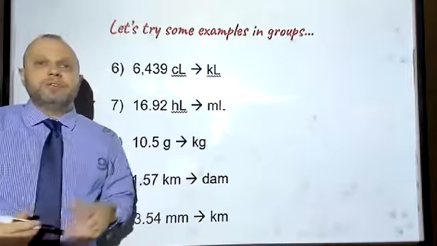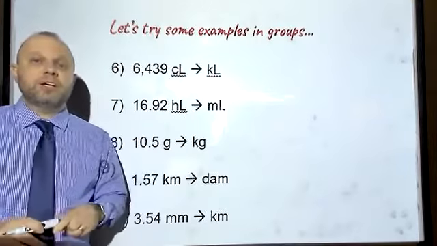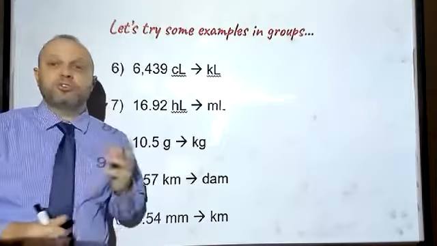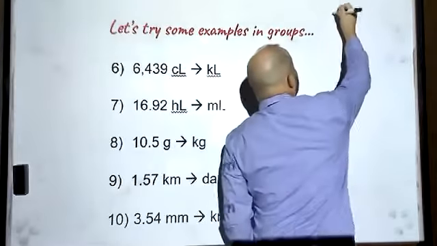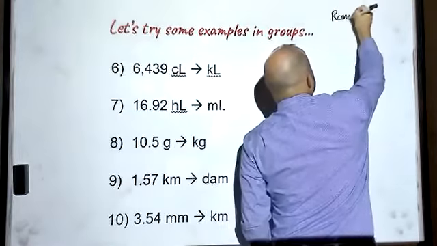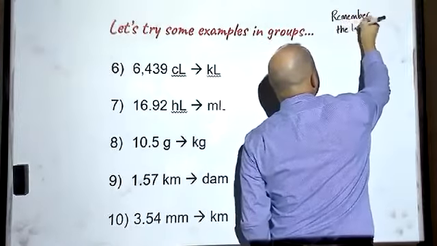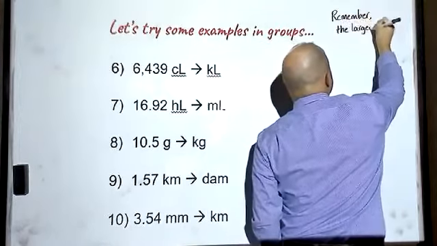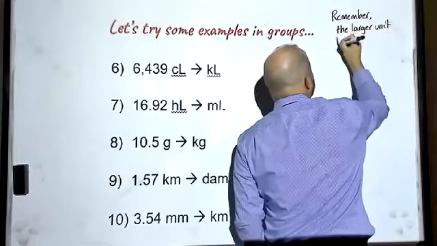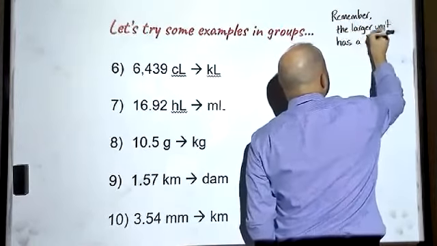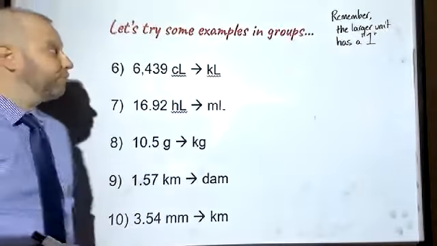Okay, when we worked on this in our original presentation, I did write down a quick couple of points, so I want to just jot those down again. So the first one was, remember, the larger prefix or the larger unit should have a 1 in front of it.